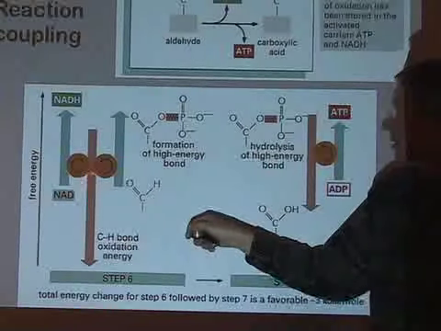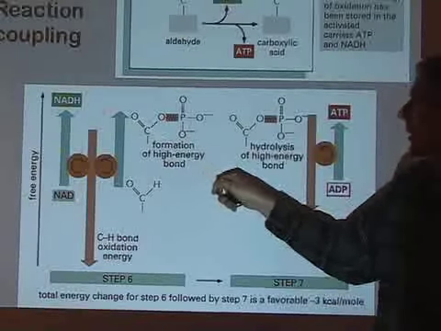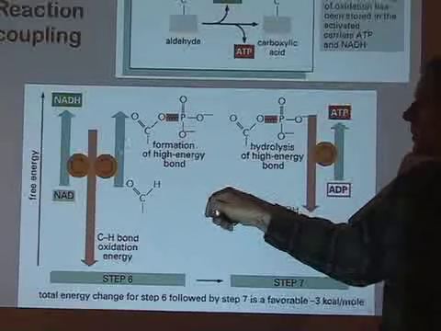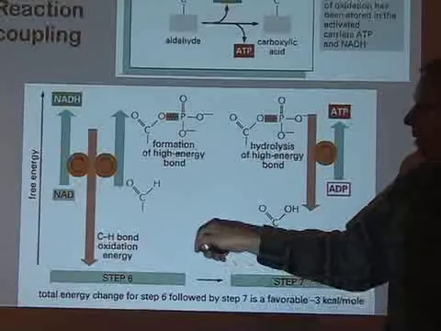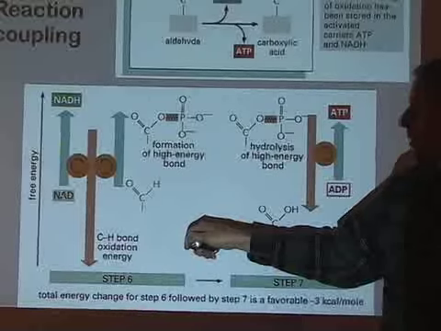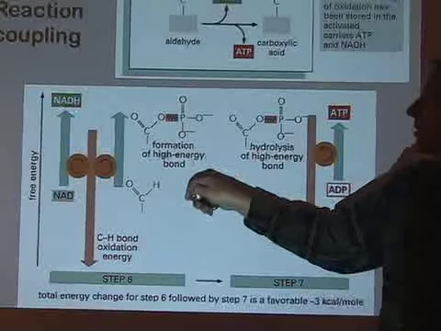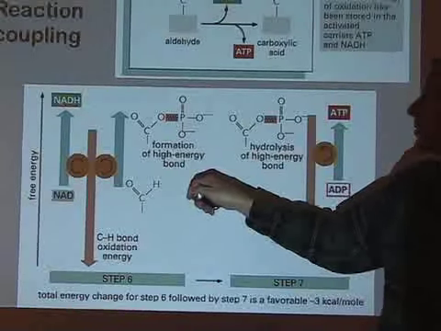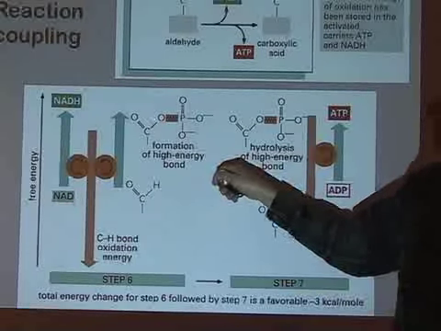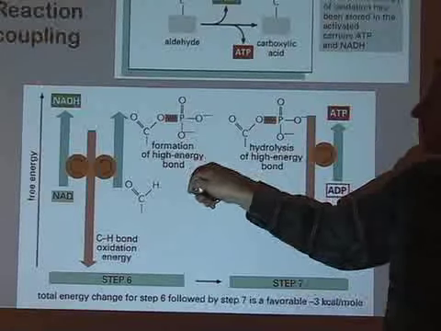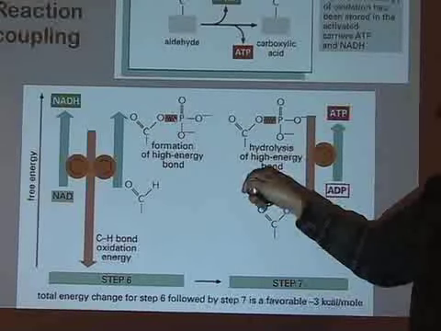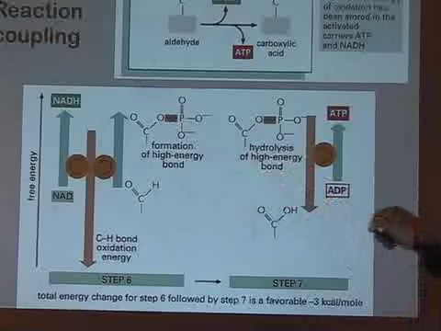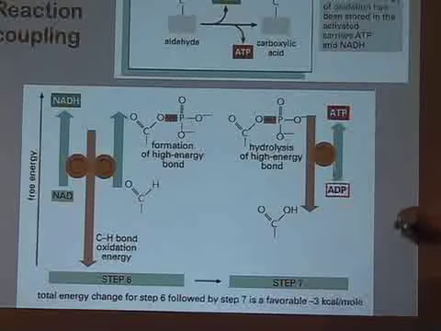So in the first step, the reaction of forming this high energy bond is coupled to the hydrolysis of this carbon-hydrogen, and at the same time, NAD is reduced to NADH. So you've got two energy storage molecules here. One is our carrier molecule, the other is this high energy phosphate bond, and then this phosphate can be transferred to ADP to form ATP.